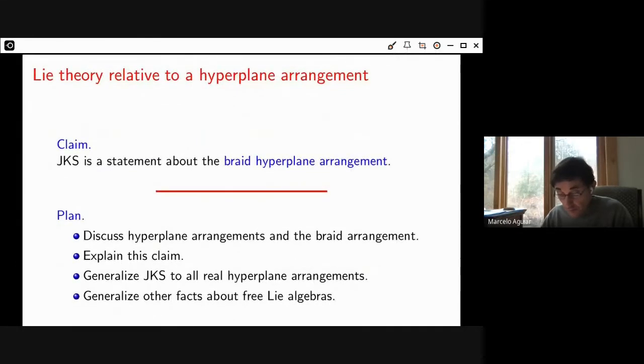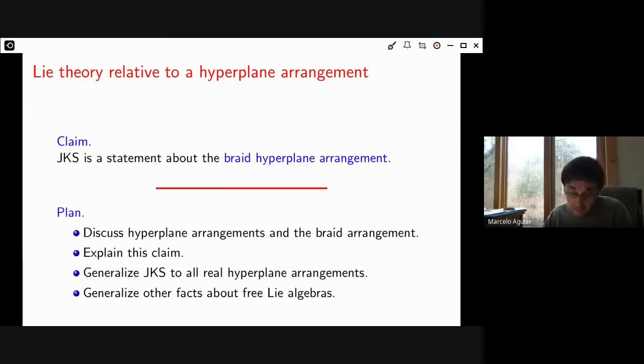But first, I want to tell you where I am going with all this. The goal for my talk is to justify this claim, or at least this is one door into what we do with Mahajan, to pick this result of Joyal, Klyachko, and Stanley as a way to access the things that we've been doing.